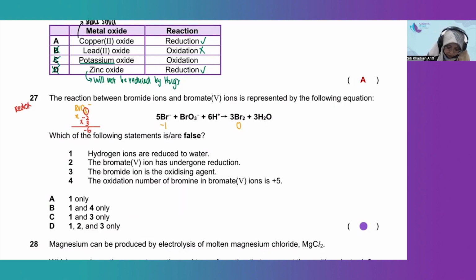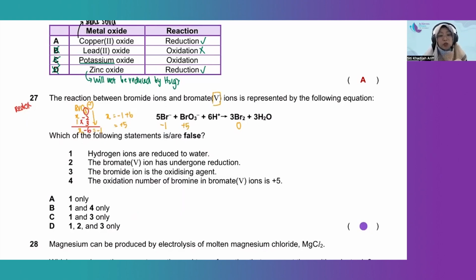One bromine atom, so X minus 6 equals the charge of the ion, which is minus 1. Solving for X, X equals minus 1 plus 6, which is plus 5. So the oxidation state of bromine in bromate(V) ion is plus 5. It is also indicated in the naming, bromate(V).